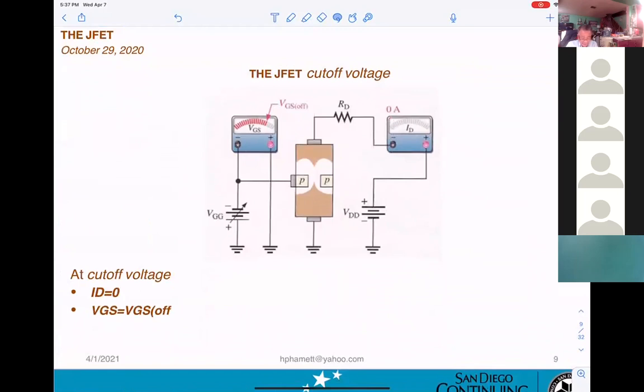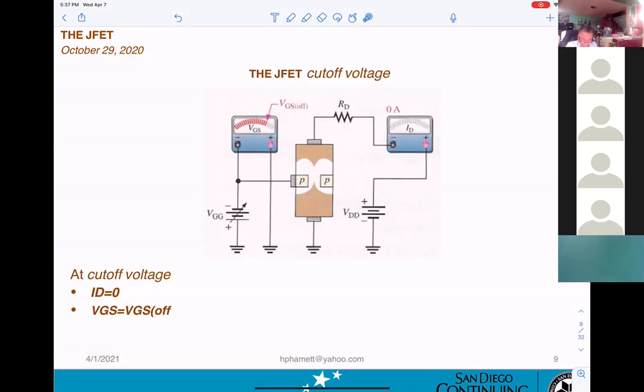Now they are showing VGS equal to VGS off. That tells you the current ID will be 0.